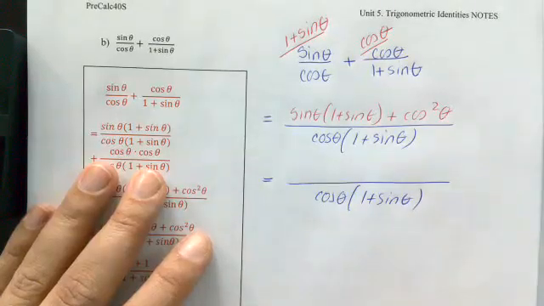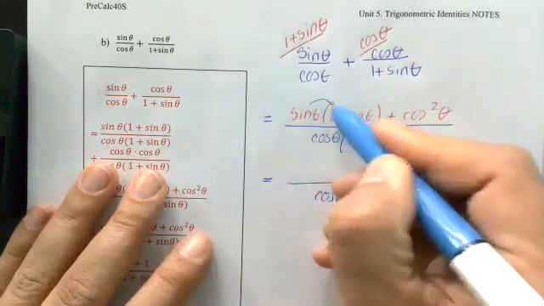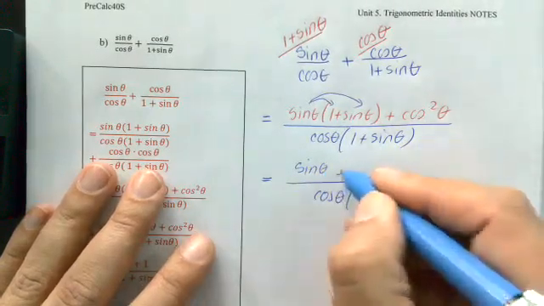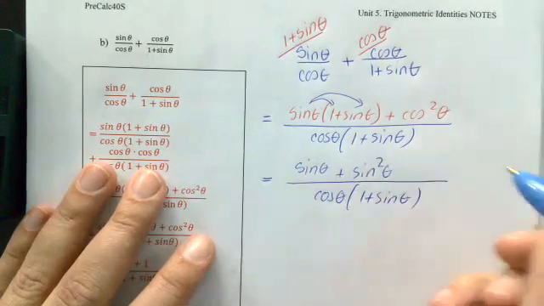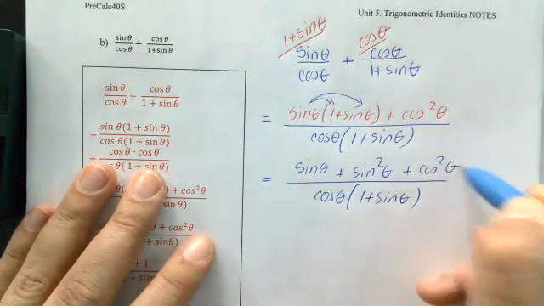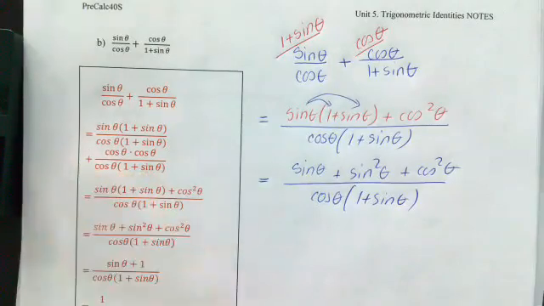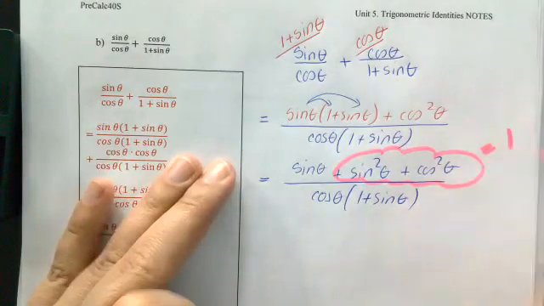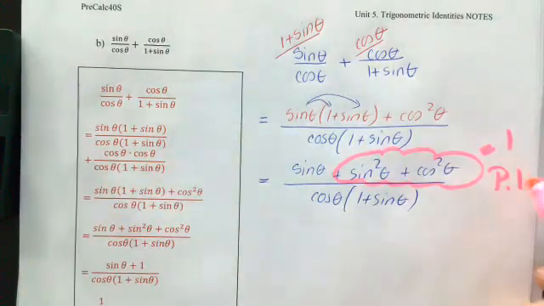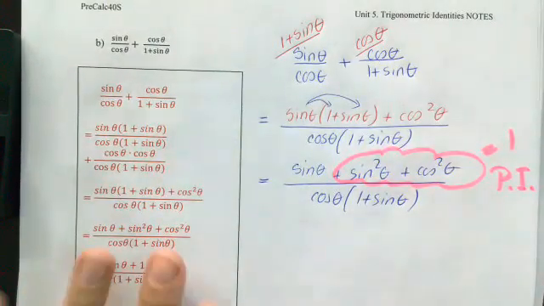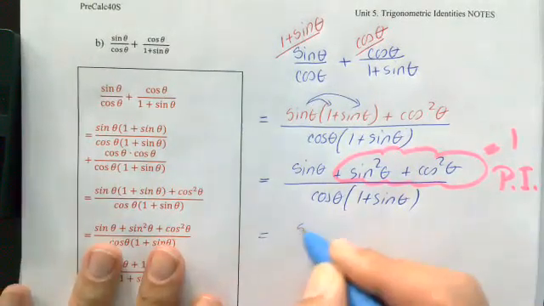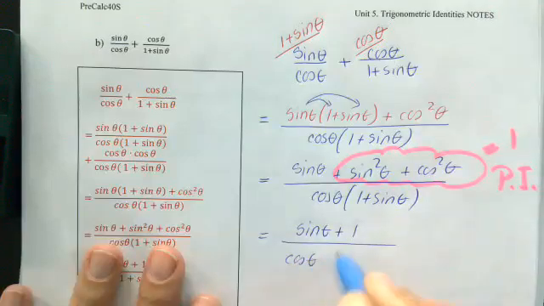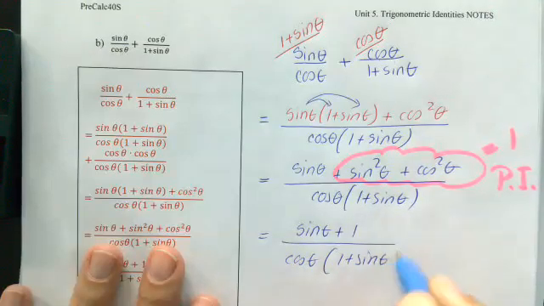So here we open, so we do distribution. We have sine of theta plus sine squared theta plus cos squared theta. And then we notice that we have the Pythagorean identity, which equals 1. So we have sine of theta plus 1 over cos of theta times 1 plus sine of theta.